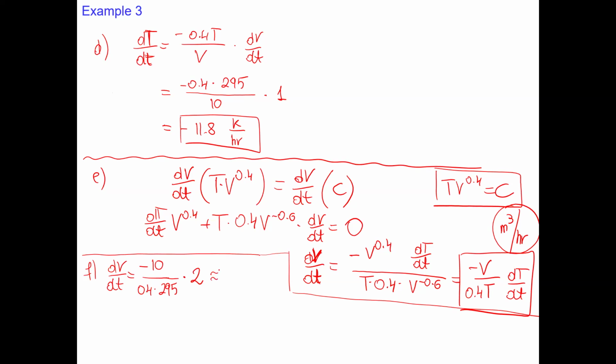When you use the calculator, it will be negative 10 over 59 cubic meters per hour. Or we can even, actually this is a direct number, 0.169 cubic meters per hour. Actually negative.